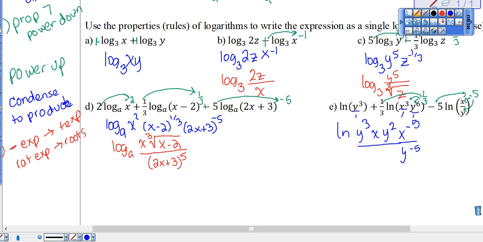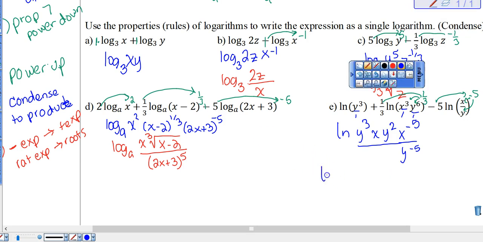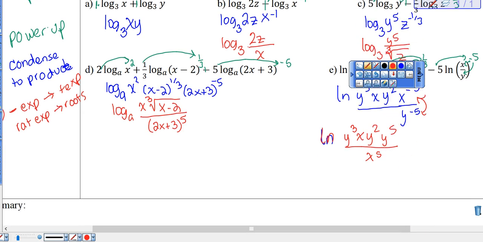So we will have the natural log of, okay, I'll wait until the end to combine everything. xy squared, y to the 5th, all over x to the 5th. I'm just evaluating that negative exponent rule. And now I'm going to apply quotient and product rules for exponents.